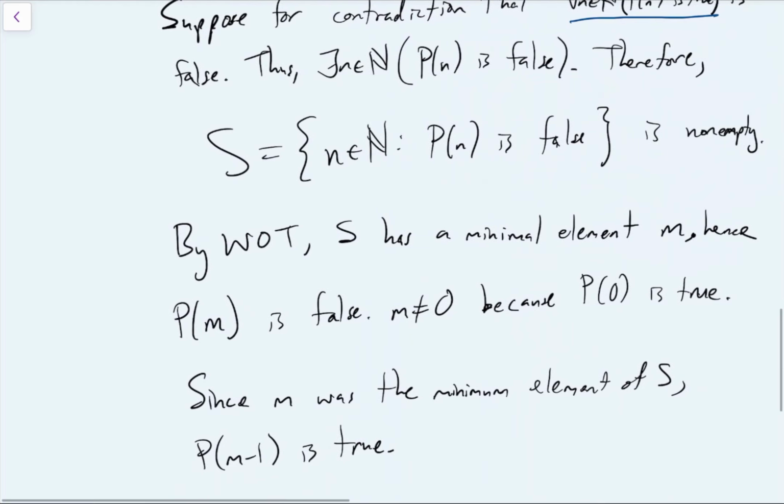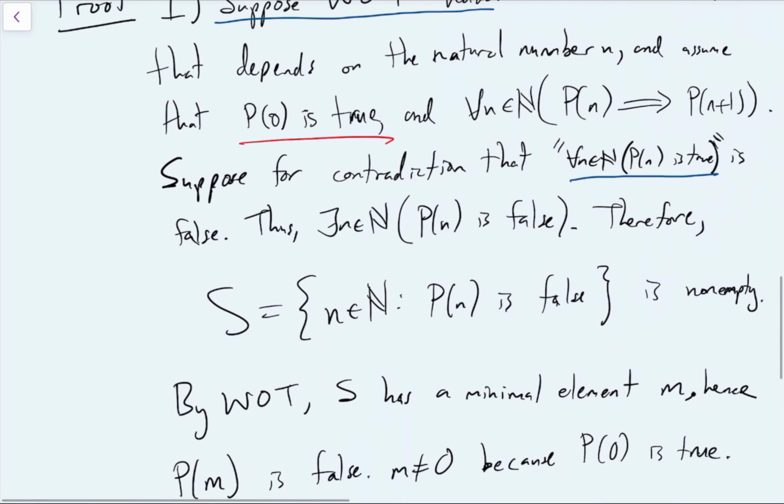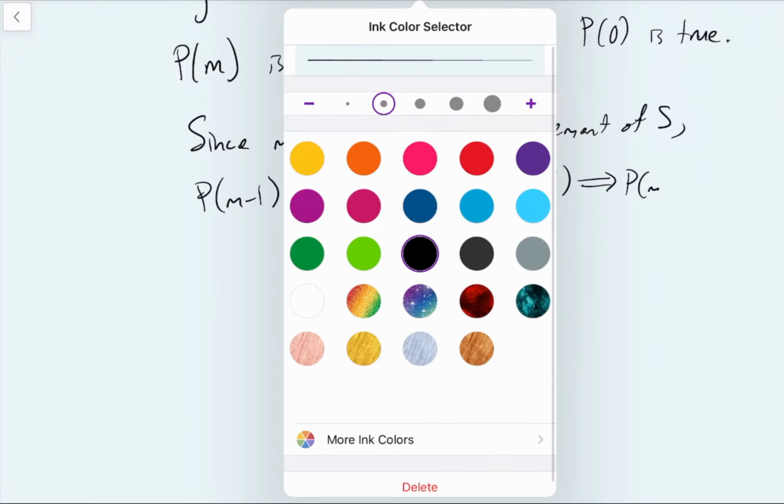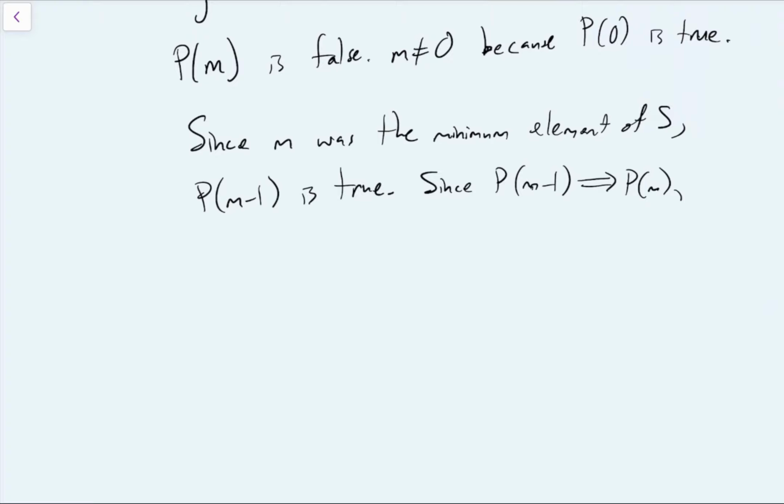But now we look at the final remaining assumption we made, this inductive assumption, that for all natural numbers n, if p of n is true, then p of n plus 1 is true. And so I'm just going to apply this in the case where n equals m. Since p of m minus 1 is true, then p of m has to be true. So let me write that down. Since p of m minus 1 implies p of m, that's a special case of our inductive assumption.